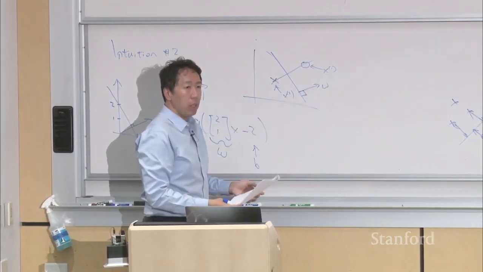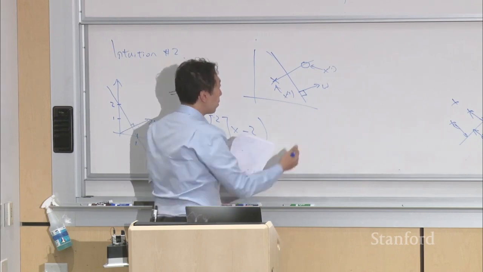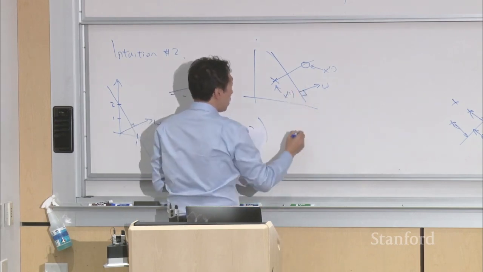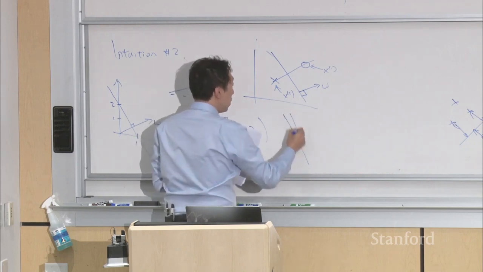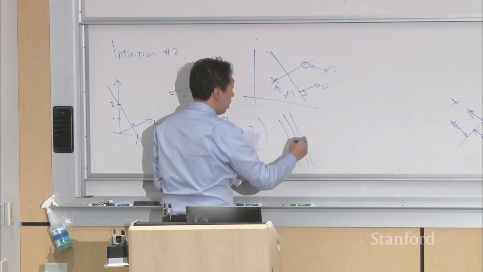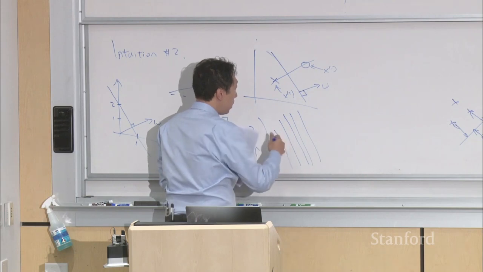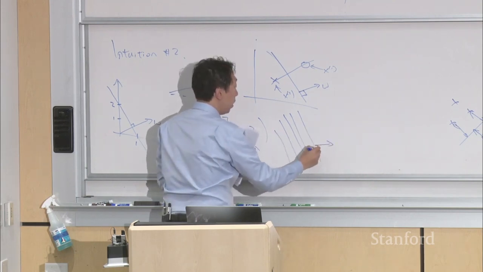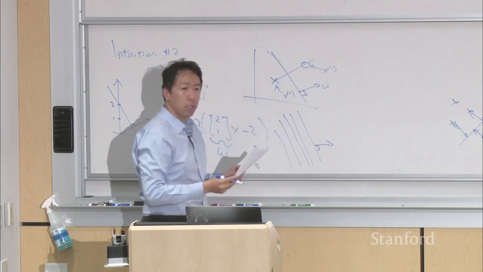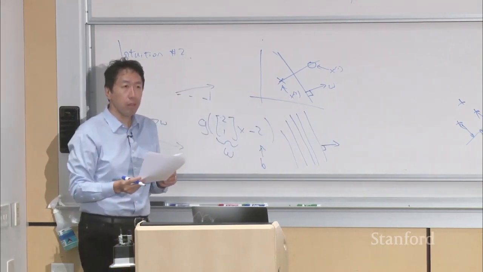Okay? The way to picture this is that W sets the direction of the decision boundary, and as you vary B, setting different values of B will move the decision boundary back and forth like this, and W pins the direction of the decision boundary.